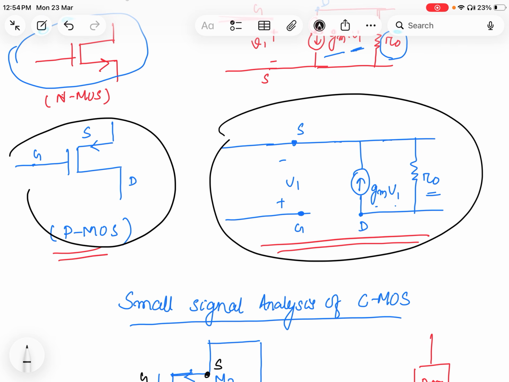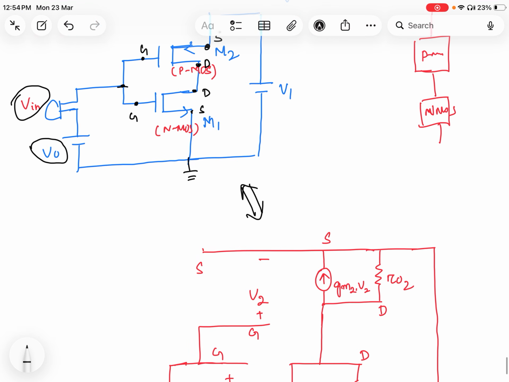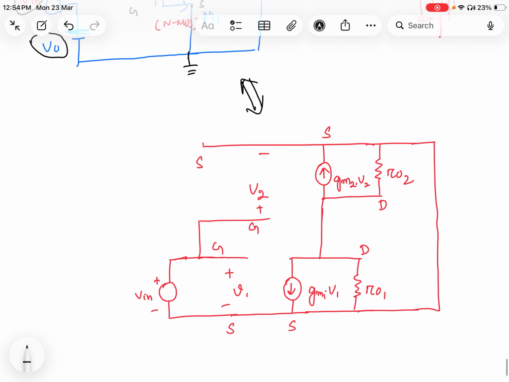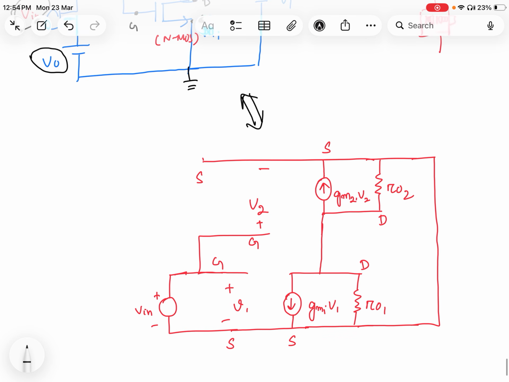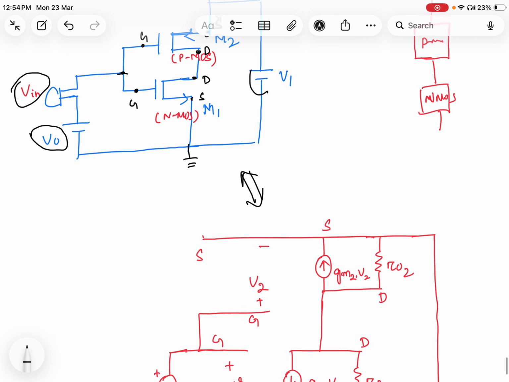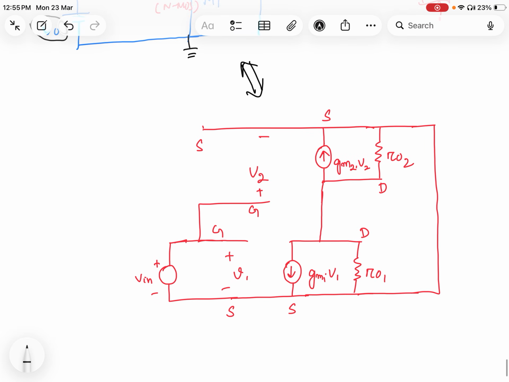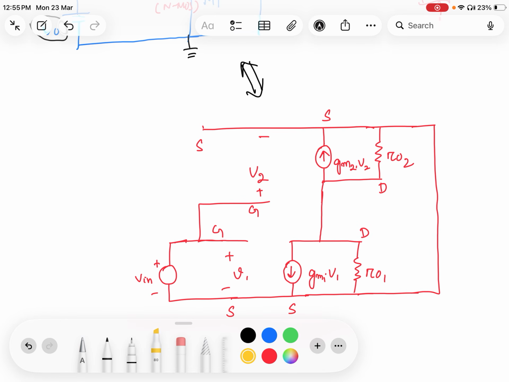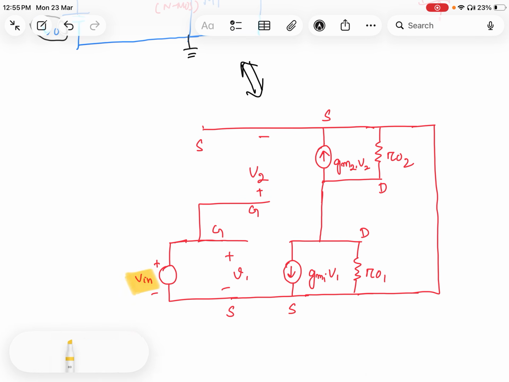Whatever the DC voltage sources there are, like V0 and V1, these will be short circuited, so only the signal is left. This is your V in. Between gate and source, let the voltage be V1 for the NMOS.